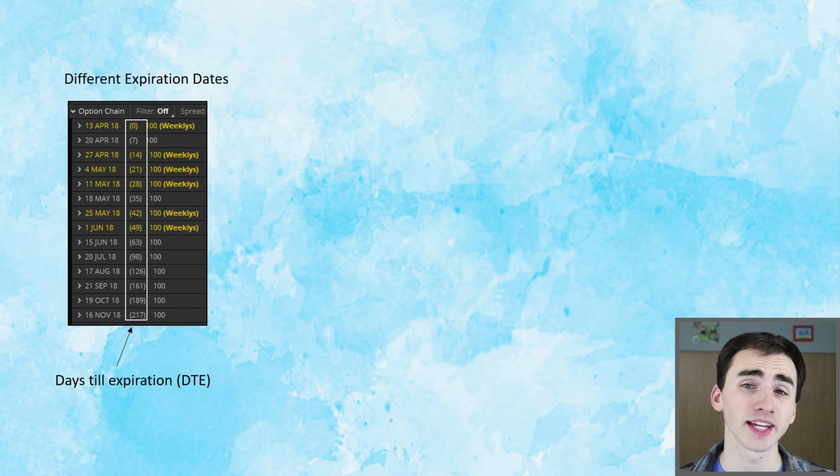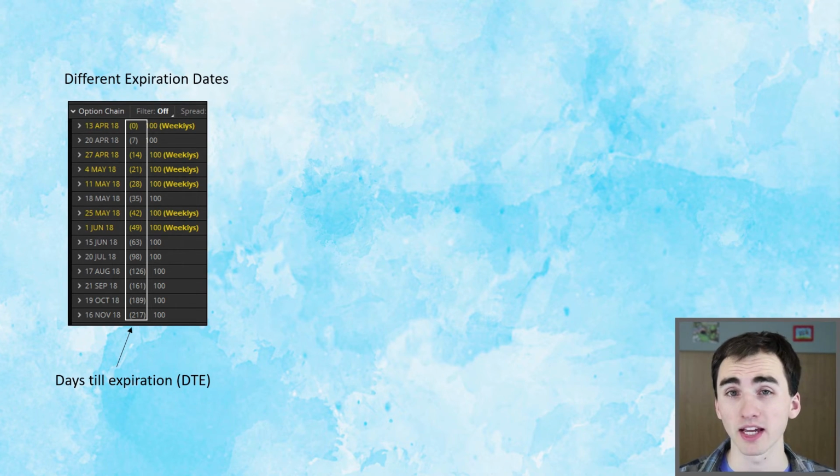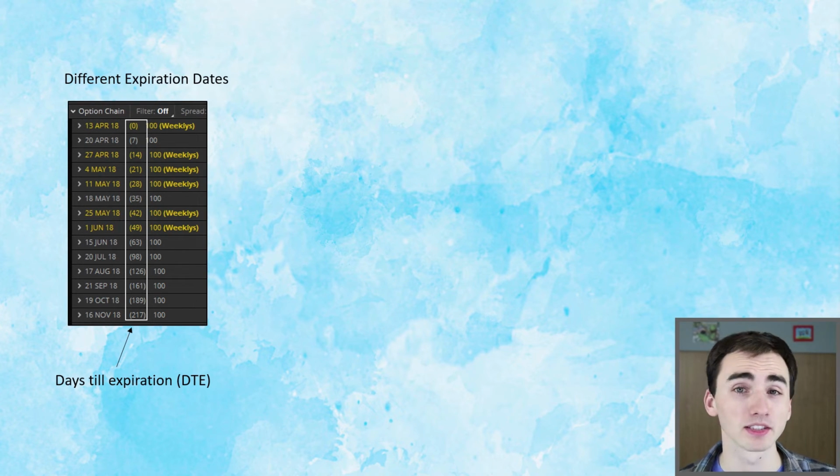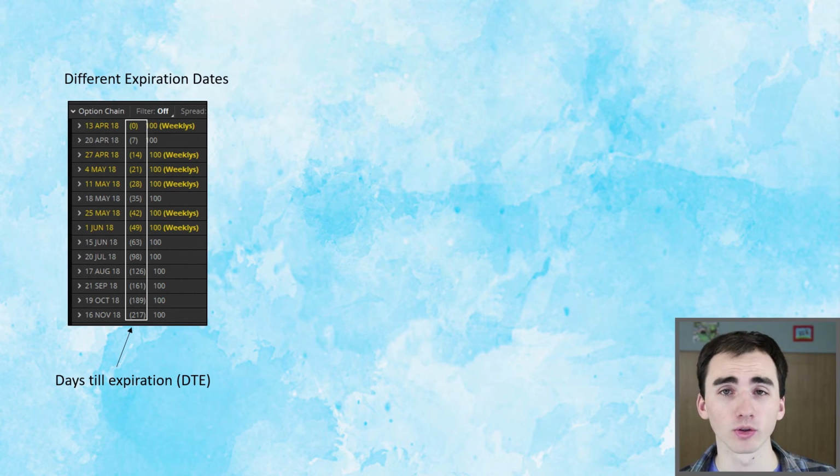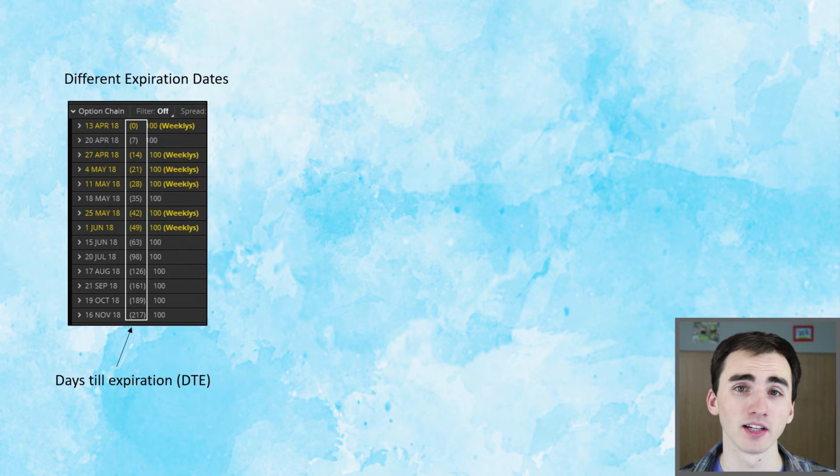And this goes into calculating the price of options. Options that have less time on them are going to be much cheaper than options that have a lot more time on them, because the probability of the stock going in your favor over a longer period of time is greater. And so the people selling those options are going to want more compensation for that.